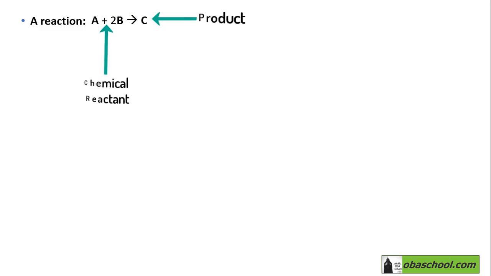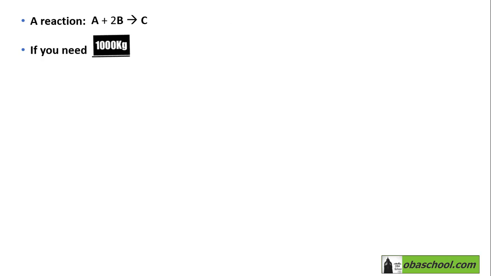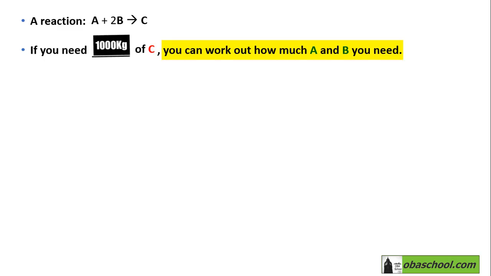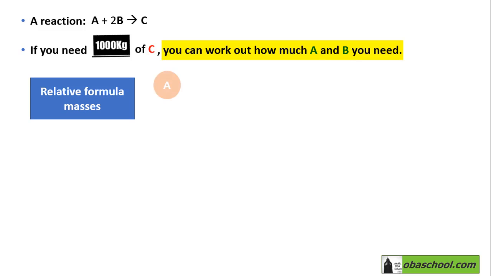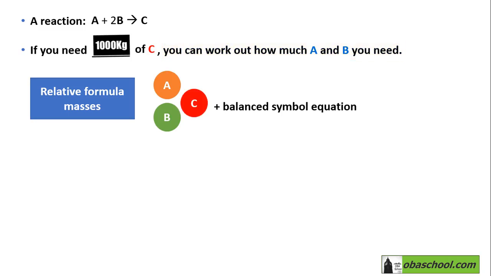So, for example, if you need a 1000 kilogram of a product that we call C, you can work out how much A and B you need, which means that you can know how much you need from the initial chemicals that you will mix together. All you need to know is the relative formula masses of A, B, and C and the balanced symbol equation. If you have these, you can work out how much of the chemicals A and B you need.